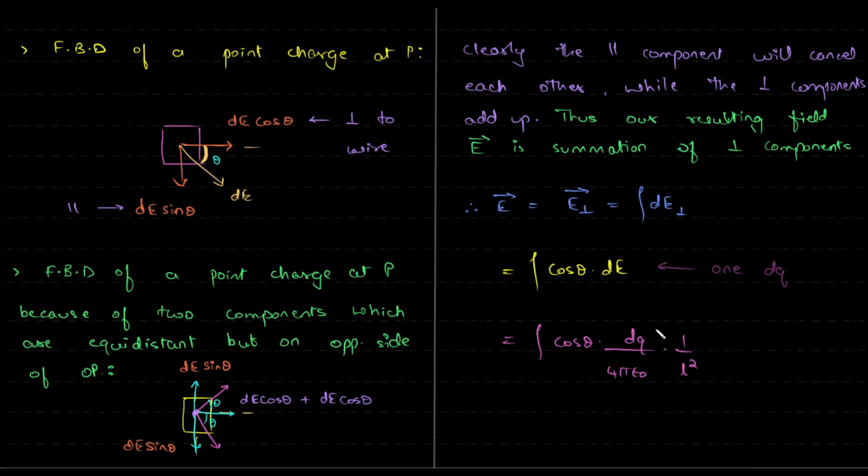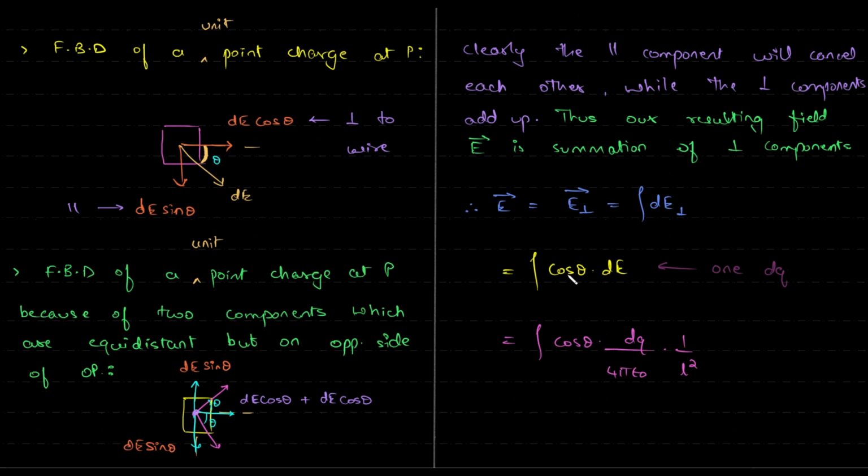Agree? So I started off by looking at the free body diagram of a unit point charge, of unit magnitude, at point P. So we saw that the parallel and the perpendicular components, they are adding and cancelling each other.